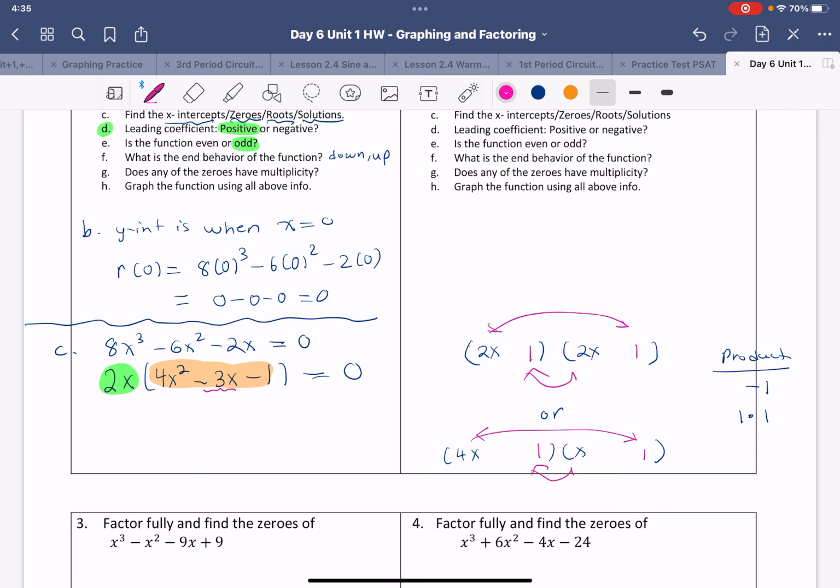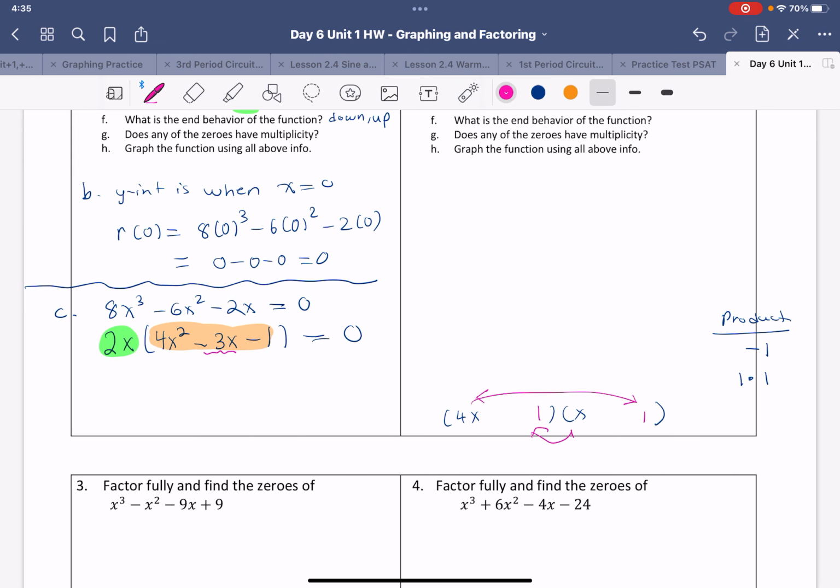But when I look at this, let's look at the top one, for instance, 2x and 2x. There is no way that a 2x and an x is going to give me -3x. So I can just erase that. That's not even close to being right. But on this bottom, if I do 4 times 1, that's 4x. If I do 1 times x, that's a single x.